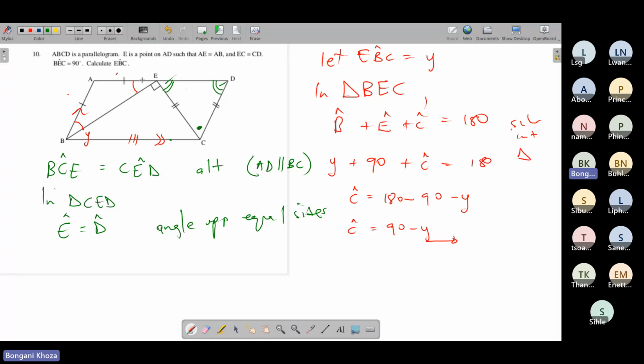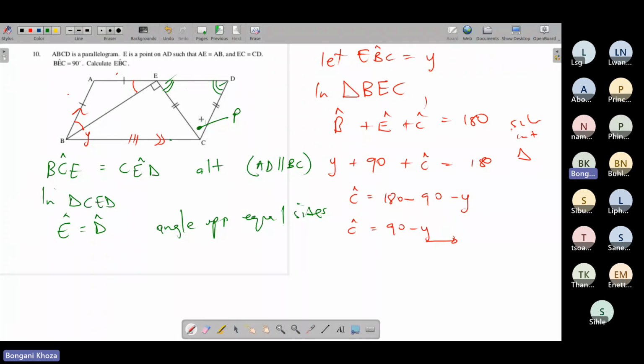So still in this triangle, let's see, we can do the sum of interior angles. We're trying to get the value of Y. Let's see if anything will be useful. Angle C, we don't know it. Let's just see if we can find something. We can call this angle P or something.